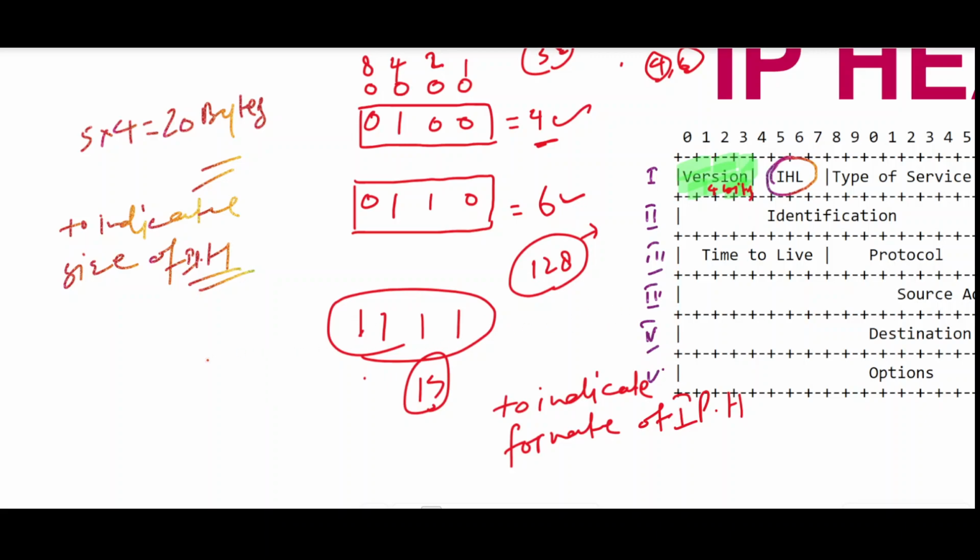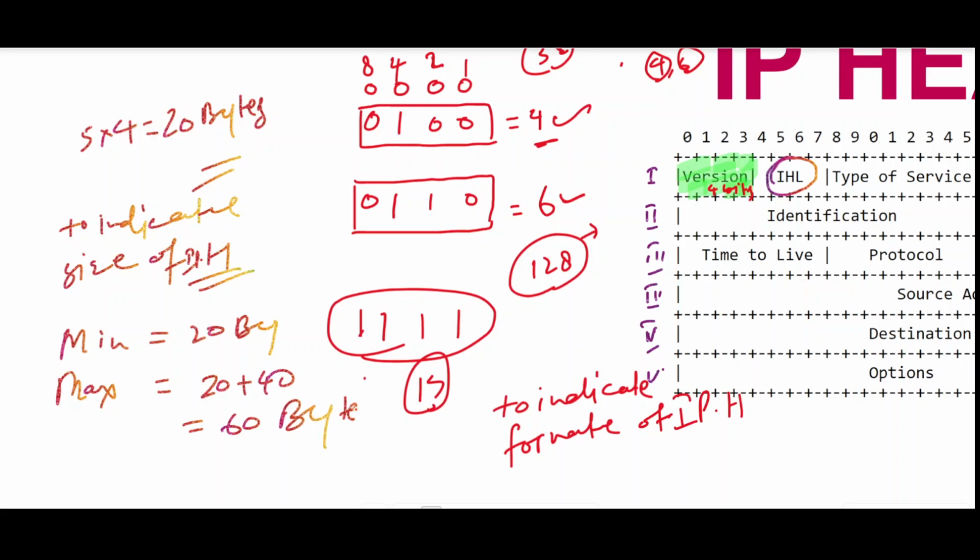There are 5 rows, that means 20 bytes, and because there is an options field, which is variable, if we use 0 bytes of options then the minimum header length is 20 bytes, and the maximum will be 20 plus 40, that is 60 bytes. Clear?